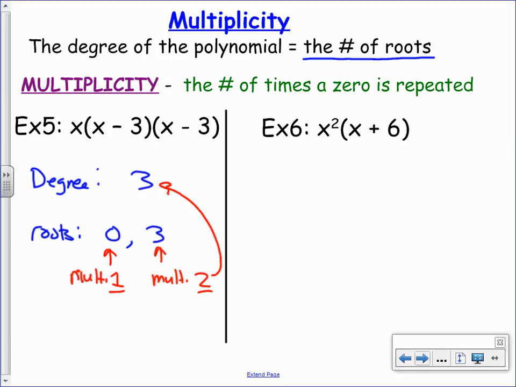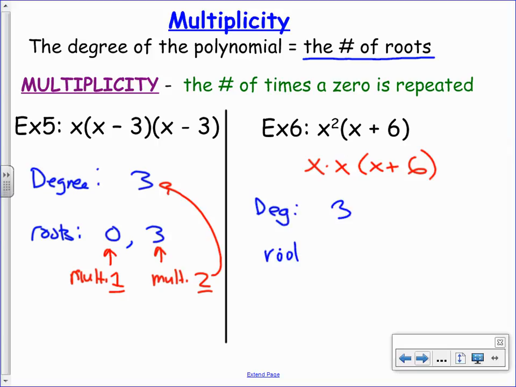All right. Here we go. What's the degree of x squared times x plus 6? Yes, but I only see 2 roots. X squared. If you can't see it, then spell it out. X squared is x times x, times x plus 6. Just as Mrs. Bell says, our degree is 3.